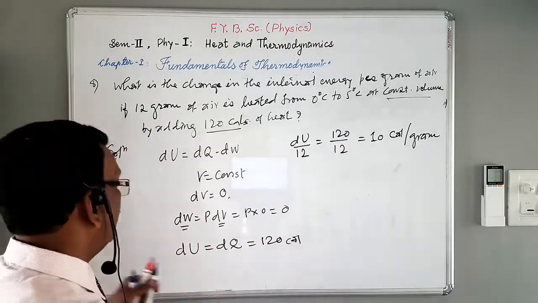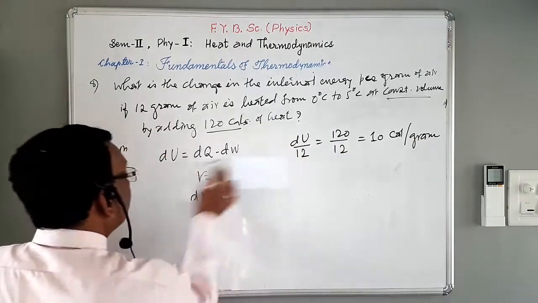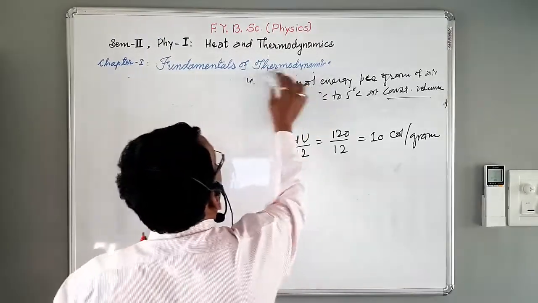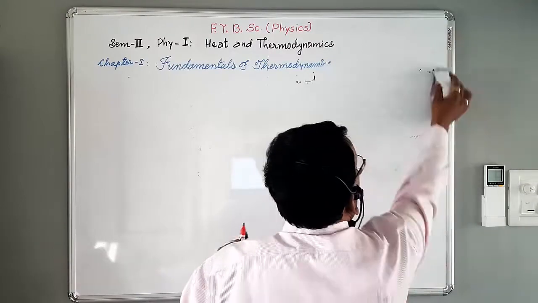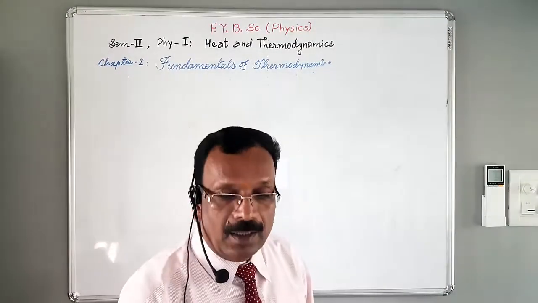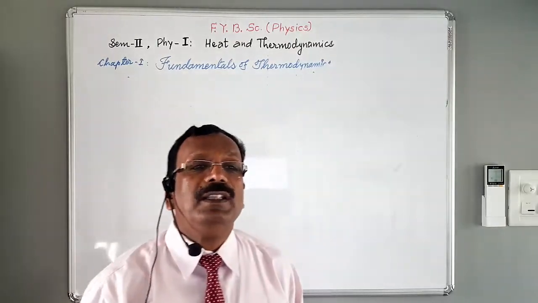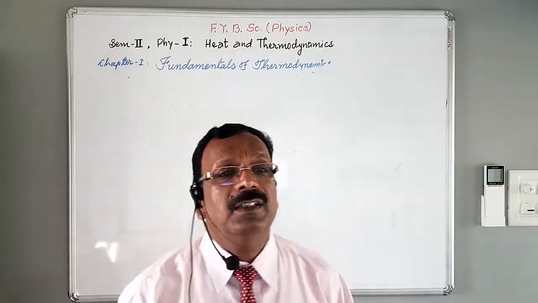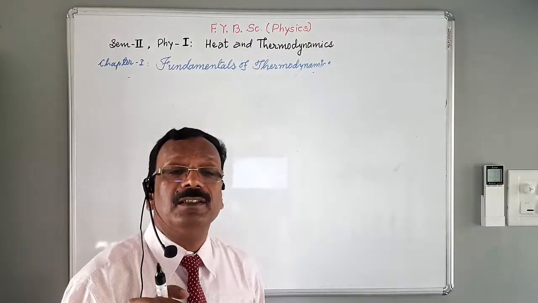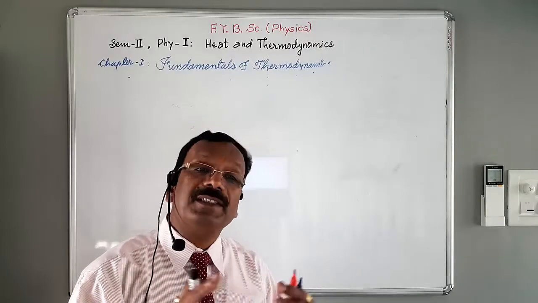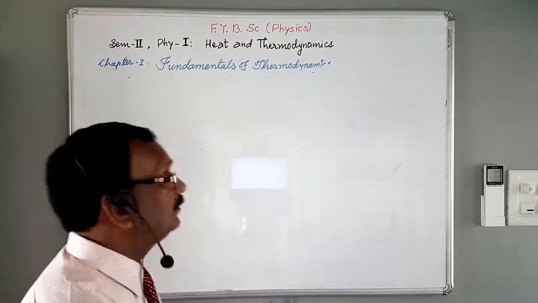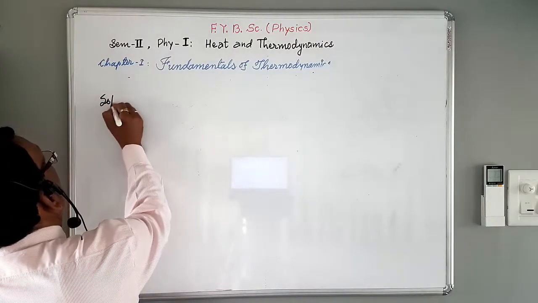Now we are going to see the last problem of this chapter. Last problem: calculate the work done when 1 liter of monoatomic perfect gas at NTP is compressed adiabatically to half its original volume. Solution.